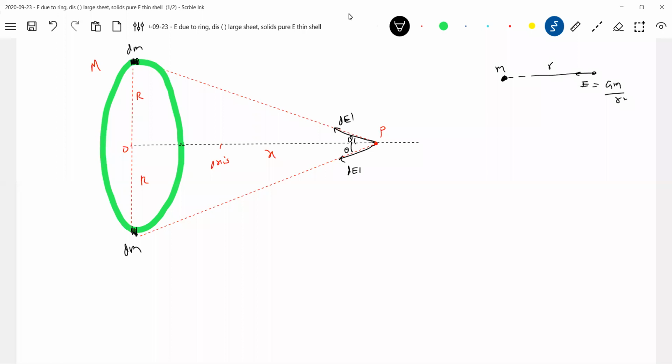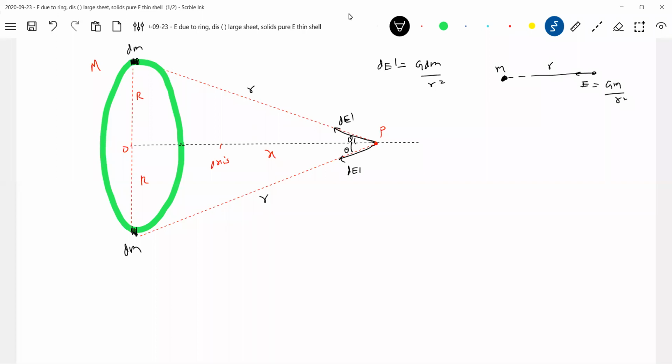What is dE dash? dE dash should be equal to G dm by r square. It should be towards that point mass, along the line joining the point mass and this element. So we are showing it like this.